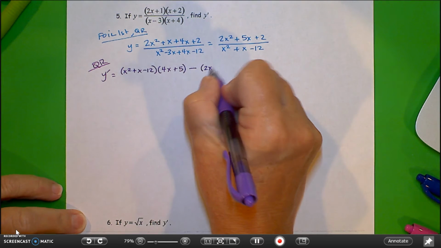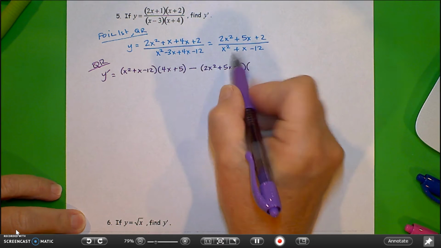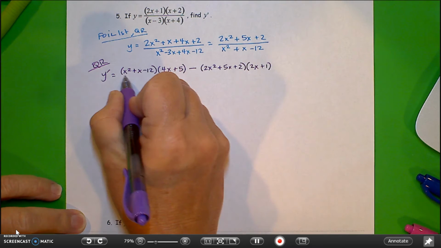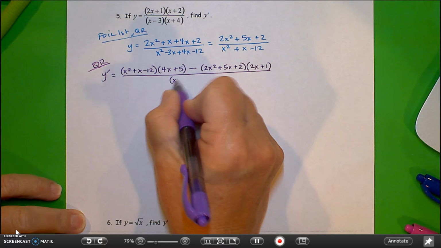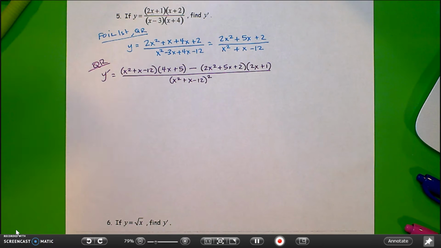Start with the top, 2x squared plus 5x plus 2, times the derivative of the bottom, which is just going to be 2x plus 1. All over the bottom squared: x squared plus x minus 12, quantity squared. Okay, so that's the first step.